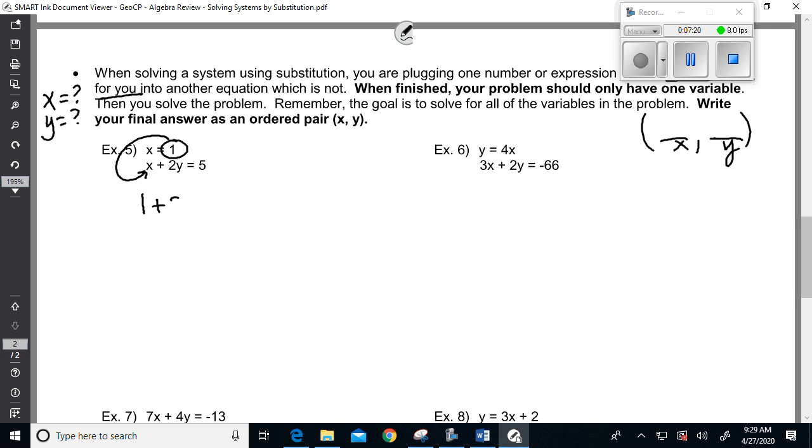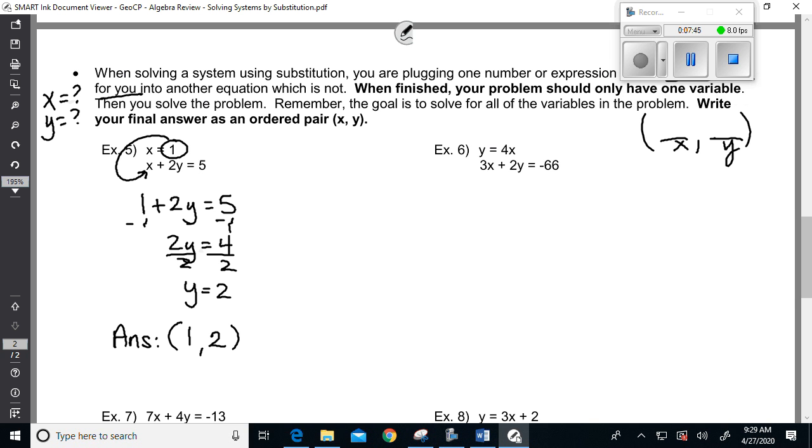That gives you 1 plus 2y equals 5. And this solves itself pretty easily. Subtract 1 on both sides. 2y equals 4. Divide both sides by 2. y equals 2. So x equals 1 and y equals 2. So your answer is 1, comma 2.